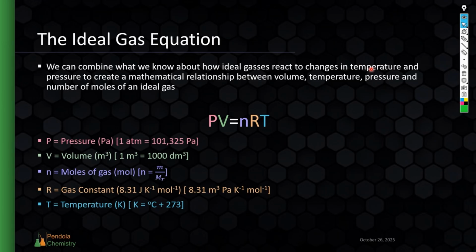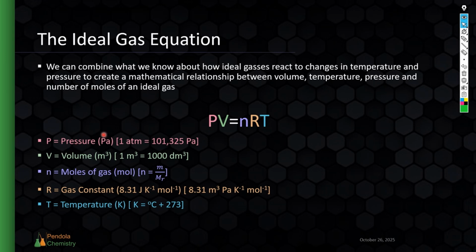Those four properties of a gas being temperature, pressure, number of moles, and volume. So the ideal gas law is the relationship between all of these things. If we are given 3 out of 4 of these properties, using the ideal gas law, we can always calculate the fourth. So again, P is pressure.